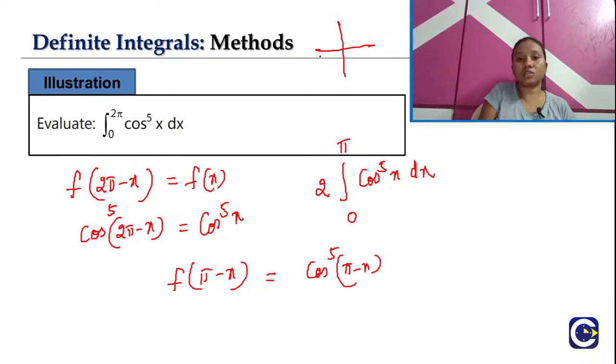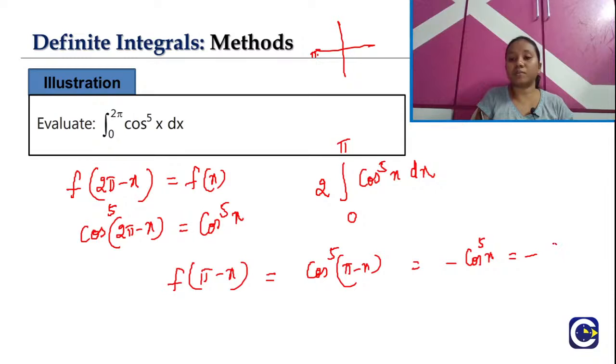Pi minus x will be in the second quadrant, isn't it? In the second quadrant, the cosine function will be negative. That means this will be minus cos x power 5, which means the power is actually odd, which means we'll be having minus cos power 5x. So that means for f of pi minus x, we end up having minus f of x.